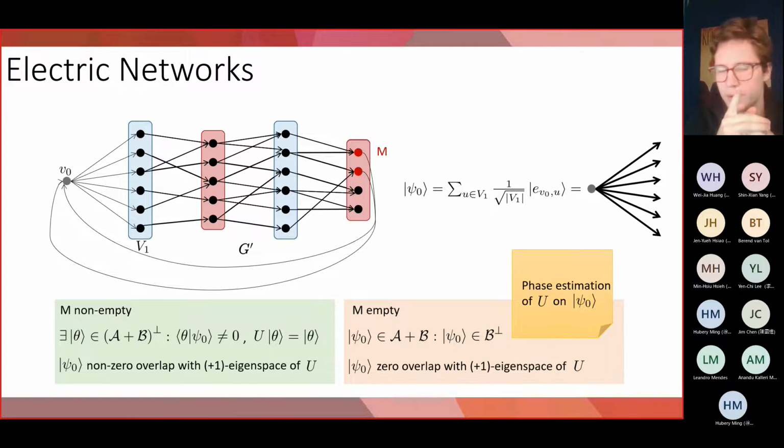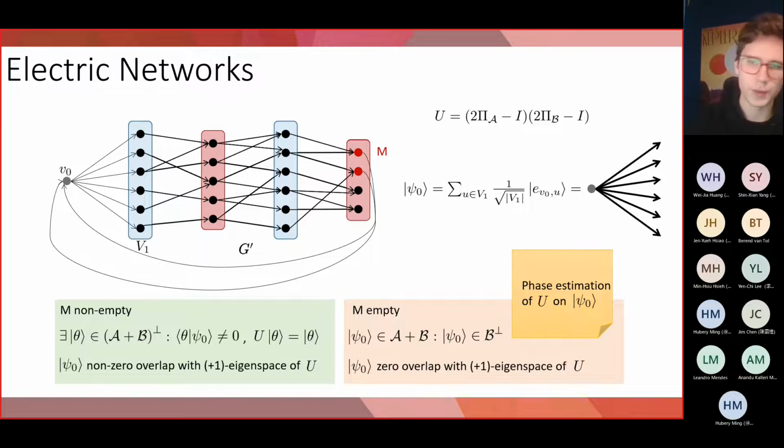But there is a very important reason to define these spaces A and B this way, because now we can create a unitary that depends on A and B. Namely, we choose the reflection through B and the reflection through A. And now we see that if theta is in the orthogonal complement of A and B, the first reflection through B will give you a minus sign because you're in the orthogonal complement of B. And then the reflection through A will give you another minus sign because you're also in the orthogonal complement of A, meaning that theta is in the +1 eigenspace of U, because we get a -1 from the first reflection and another -1 from the second reflection.